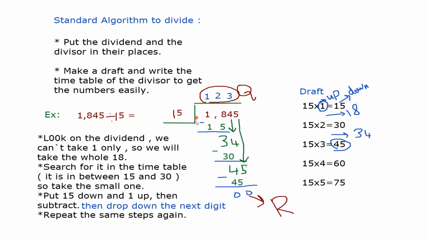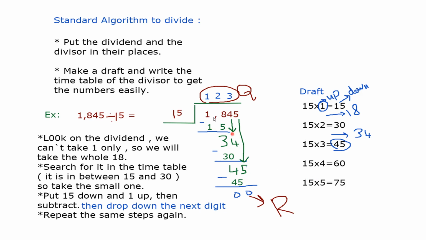We draw our division sign and we put the dividend inside and the divisor outside, then start to write the timetable of the divisor. So here we have 1845 divided by 15. So we must go and write timetable 15 here like this draft. 15 times 1 equal 15, 15 times 2 equal 30, and so on.